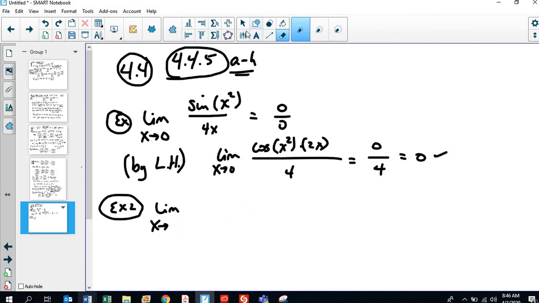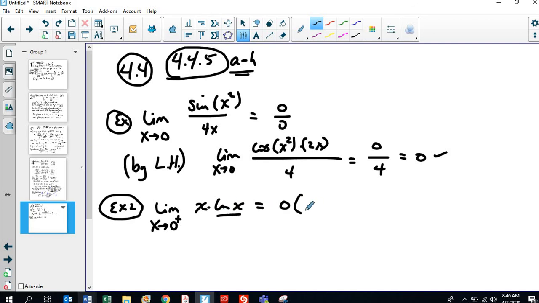Do the limit as x goes to 0 from the right of x times natural log of x. All right, so obviously as x goes to 0, and then the natural log, remember, as you approach 0 from the right, this goes to negative infinity. So I get 0 times infinity or 0 times negative infinity. That's indeterminate, and so I can't do that. But I can't apply L'Hopital's rule either because it's not in the right format.